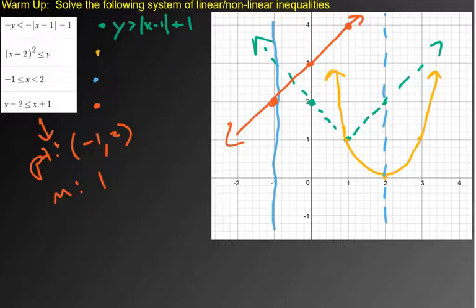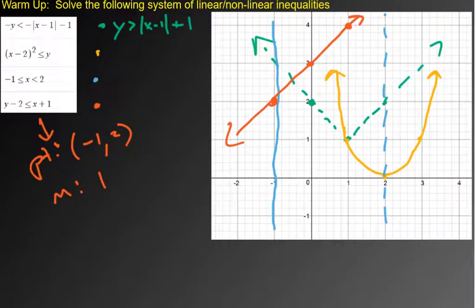So now for shading. We shade above the absolute value, so that's going to be in here. We shade above the quadratic, so in here. And we shade between the vertical blue lines, and then we're shading below the red one.